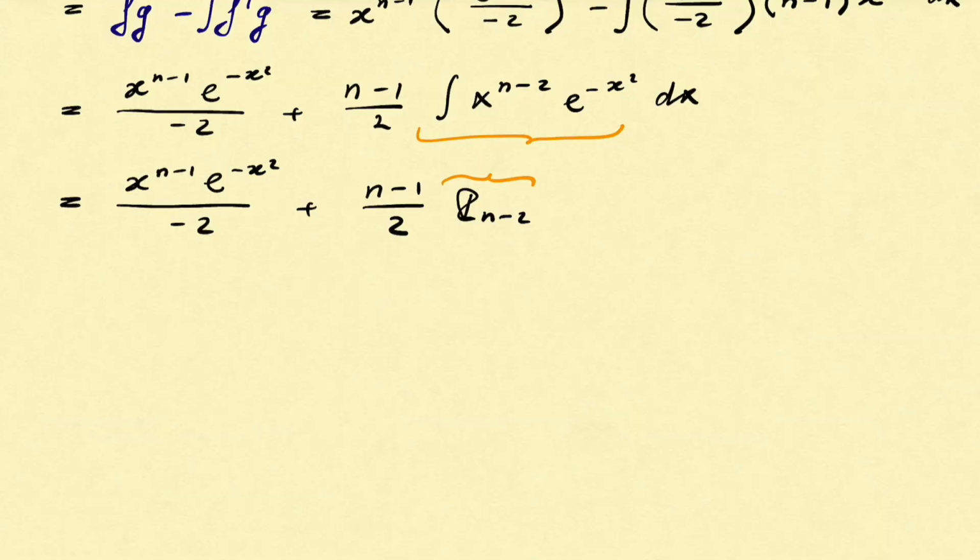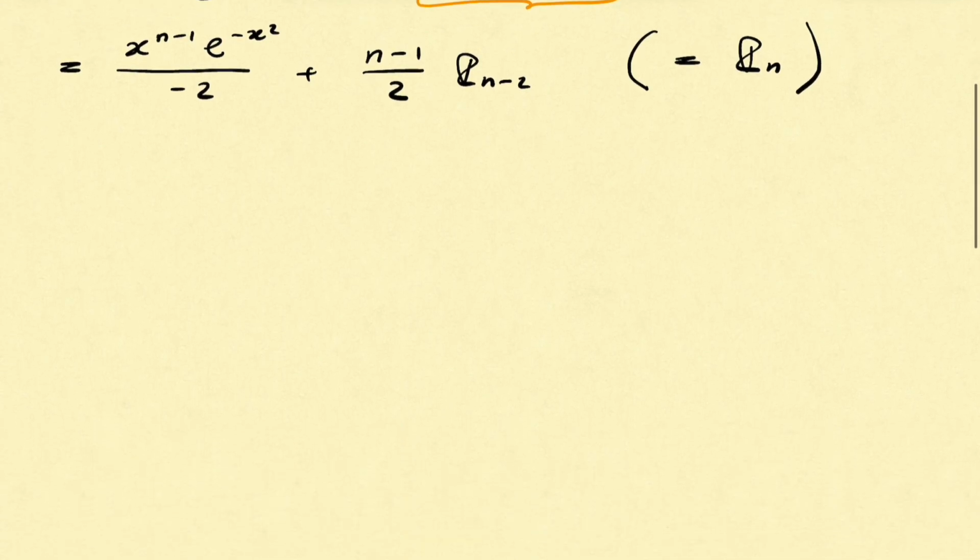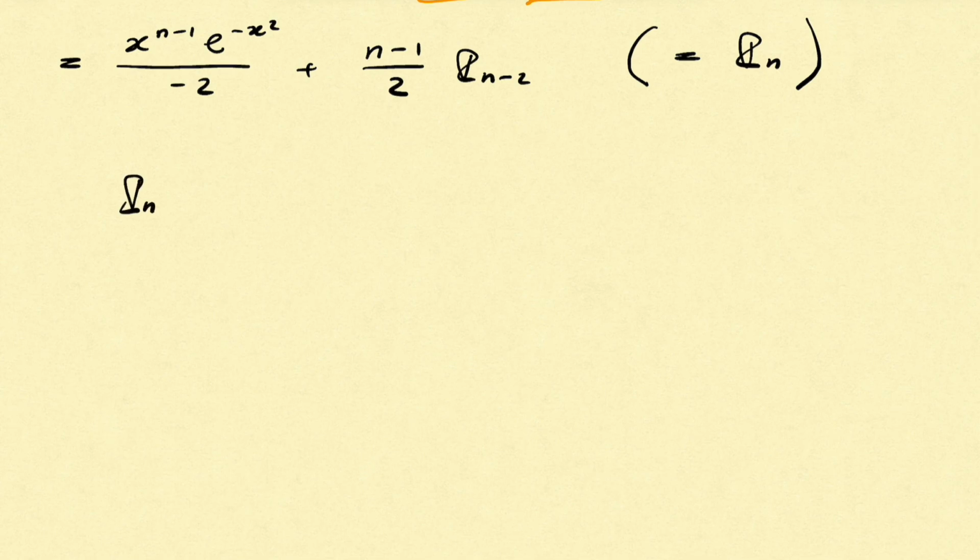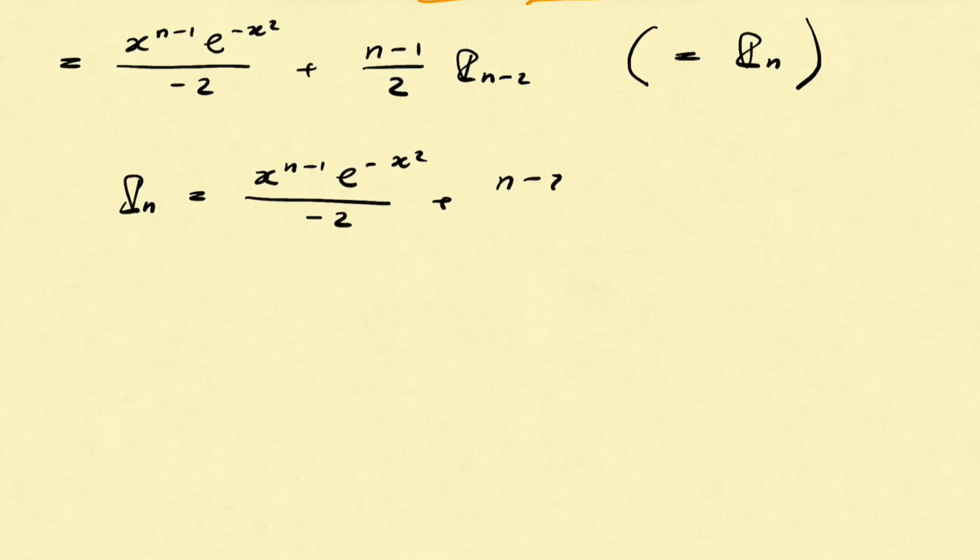We already have a reduction formula for I_n. Remember, it was all equal to I_n. Now, for the sake of convenience, let me write it here: I_n is equal to x^(n-1) e^(-x²) over -2 plus (n-1)/2 times I_(n-2).